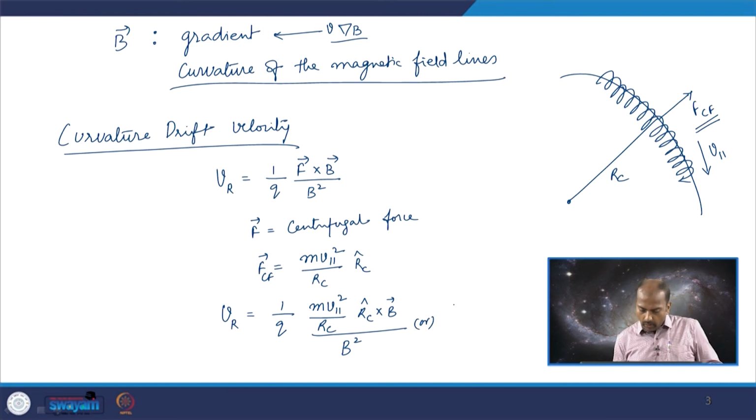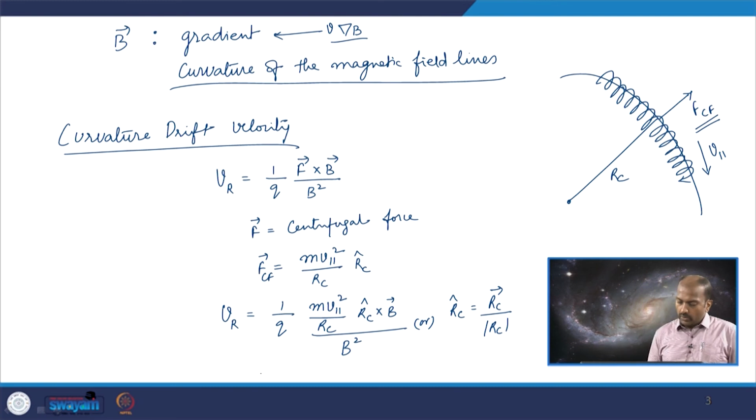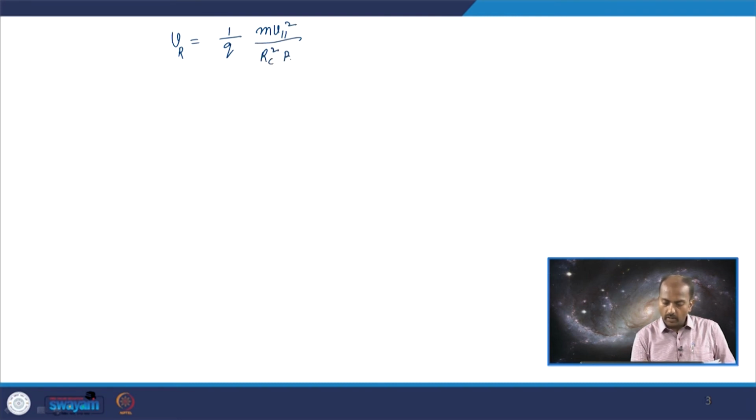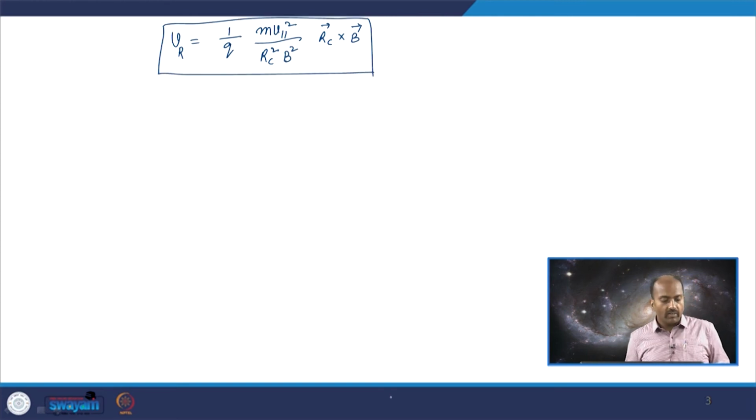Or we can write the unit vector RC as RC bar divided by mod RC, right. In that case, we can write the curvature drift as 1 by q, m V parallel square divided by RC square B square, times RC cross B, right. So, this is the drift that the particle experiences as it travels across a curved field line, right.